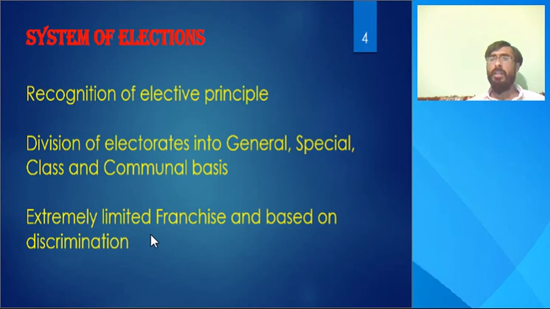Only those persons who possessed certain types of qualification, whether those of property or otherwise, were given the right to vote. This franchise varied from province to province and from community to community because the franchise qualification among the Muslims were kept lower than the rest of the classes.